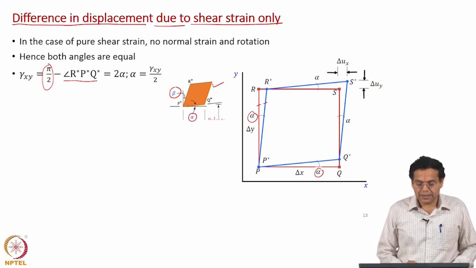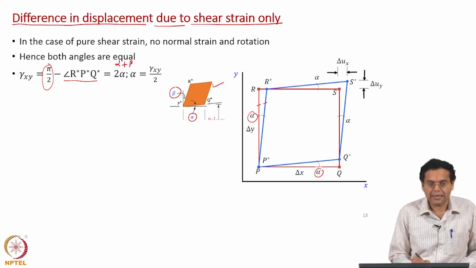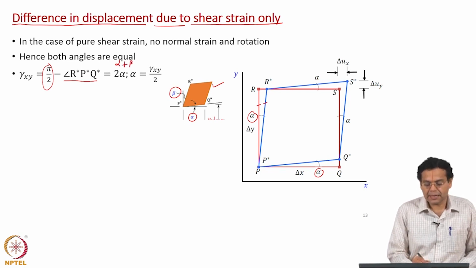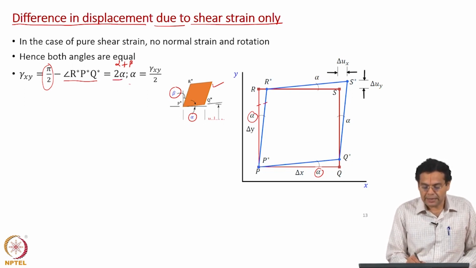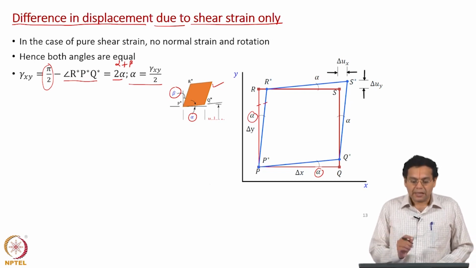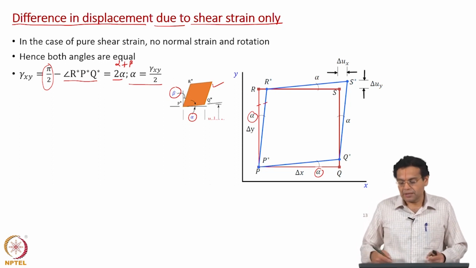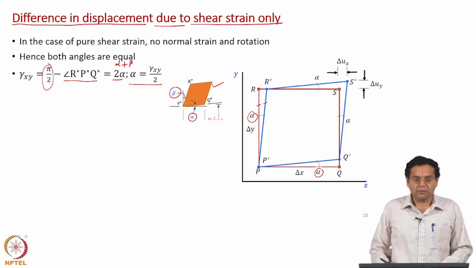That gamma xy was earlier alpha plus beta. Now because beta and alpha are the same, it just becomes 2 alpha, and hence alpha is equal to gamma xy by 2. Alpha equal to gamma xy by 2 is applicable when you have shear strain only, that is a relationship.